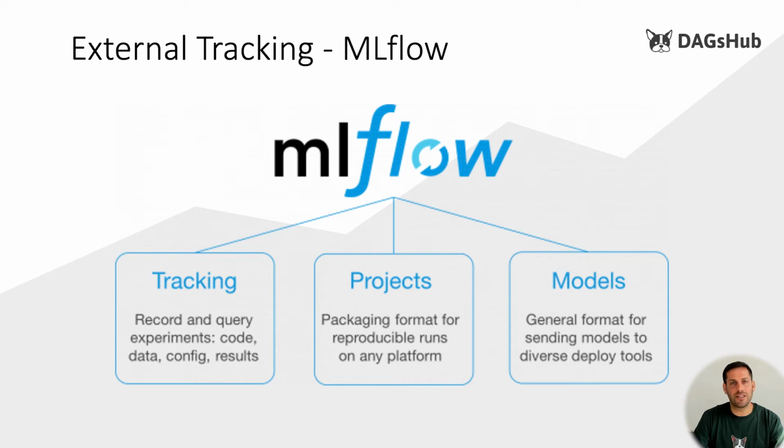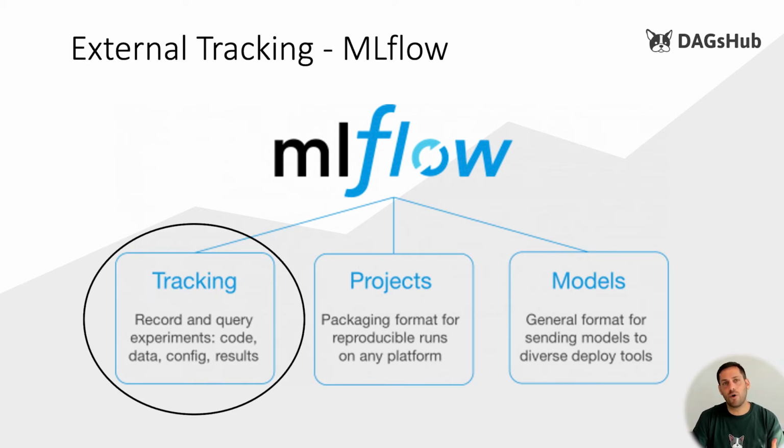Today we will be focusing on MLflow tracking, which is an API for live logging of parameters, metrics, and metadata when running machine learning code. MLflow provides us the ability to either log the experiment to our local machine, or the machine that we're running the experiments on, or to a remote tracking server, which will make the experiment visible and accessible to our colleagues outside the machine that we're running the experiment on.